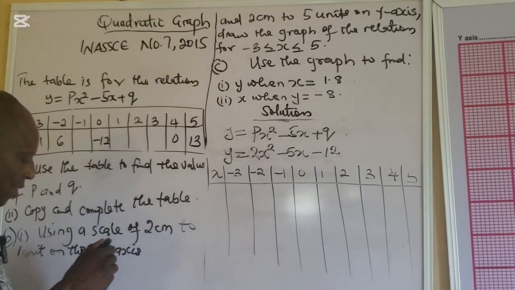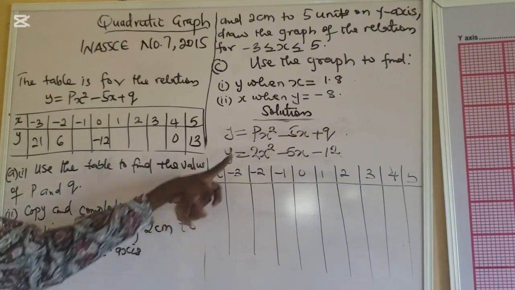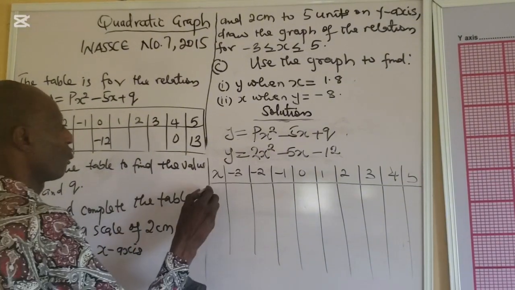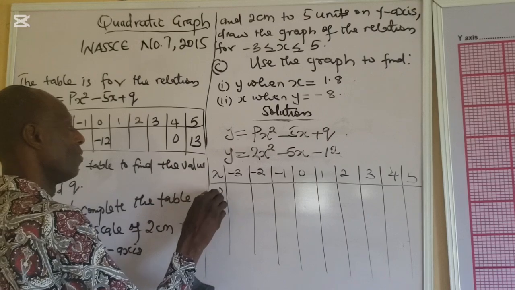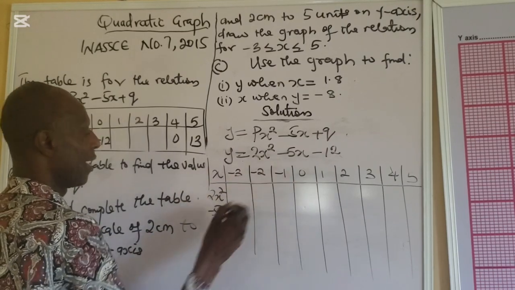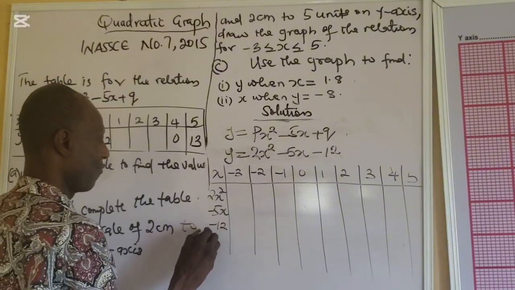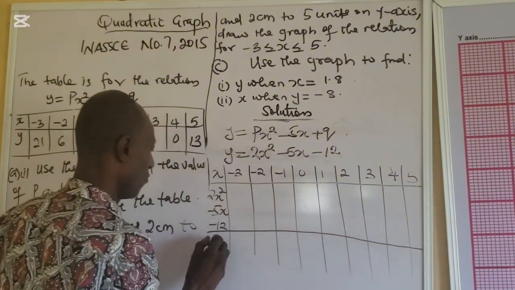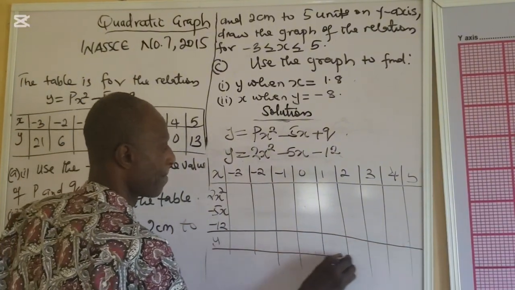So after the y, the first thing there is 2x squared, so I'll write 2x squared here. There is minus 5x. Here is minus 12. So we now get our y.